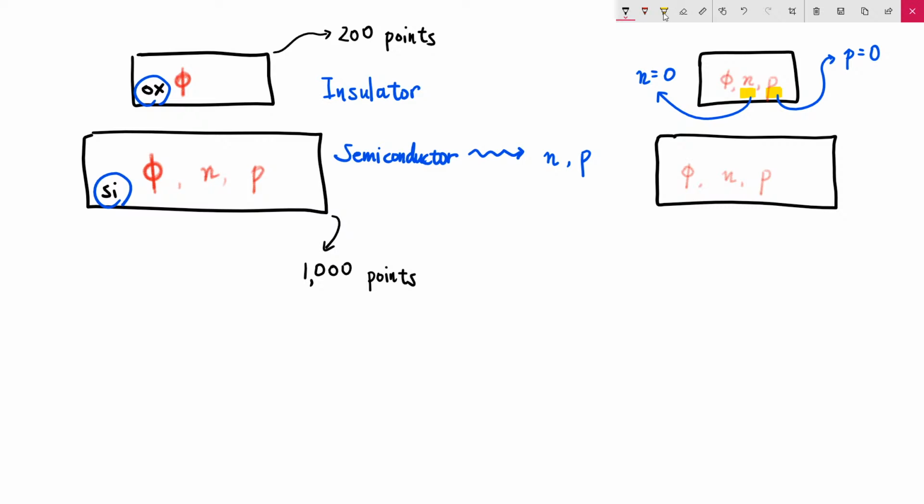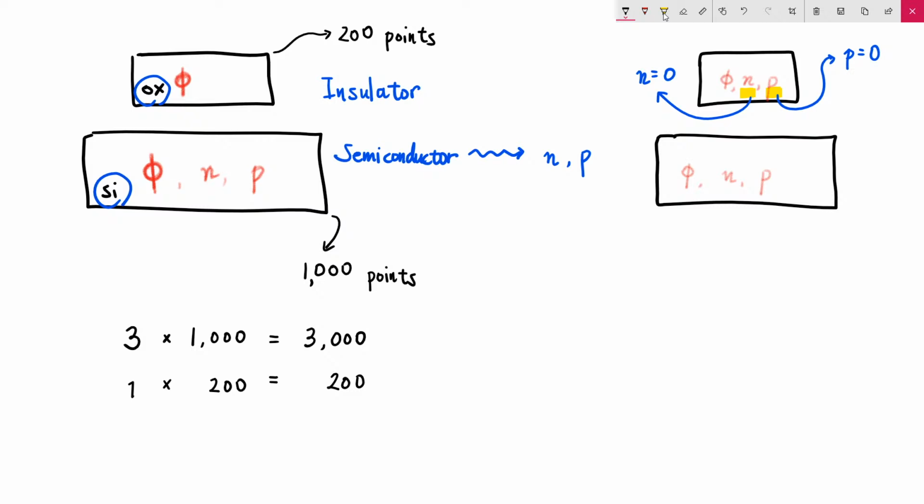For silicon, we have three unknown variables: electrostatic potential, electron density, and hole density, and there are 1000 points. So we will have 3000 unknown variables for the silicon region. And how about the oxide region? There is only one unknown variable, electrostatic potential, and here we have 200, so the number will be 200.